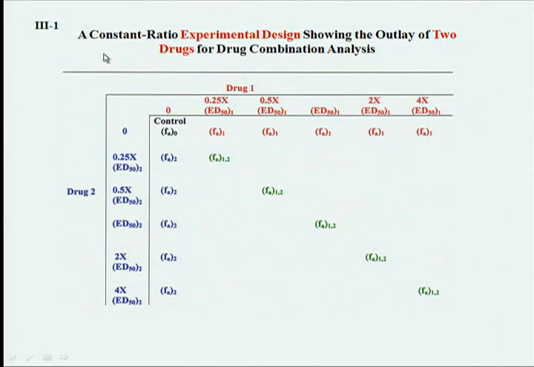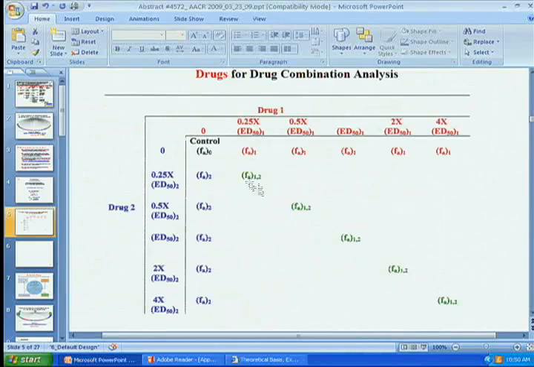My recommendation is a constant ratio experimental design, in which you make a mixture of drug 1 and drug 2 at high concentration and serially dilute. No matter how you dilute, it's constant ratio because it's a mixture.